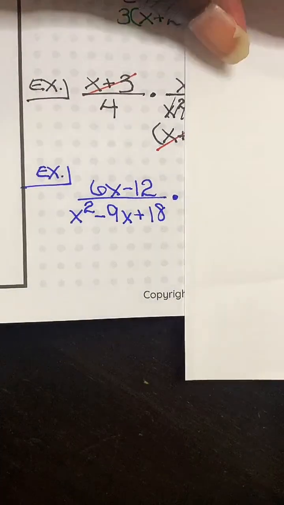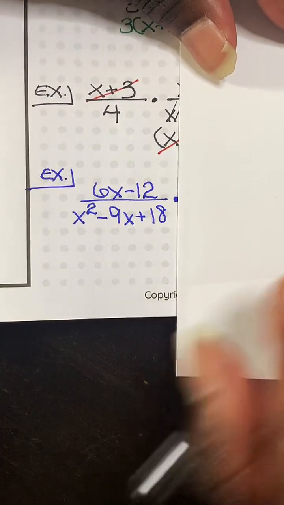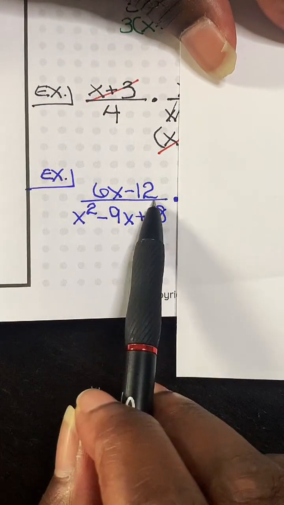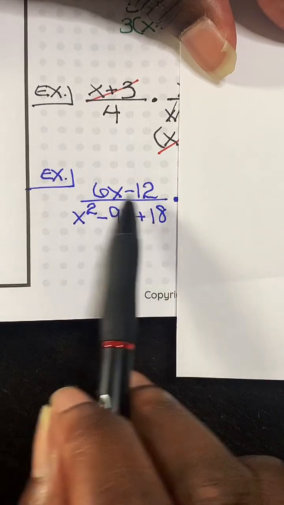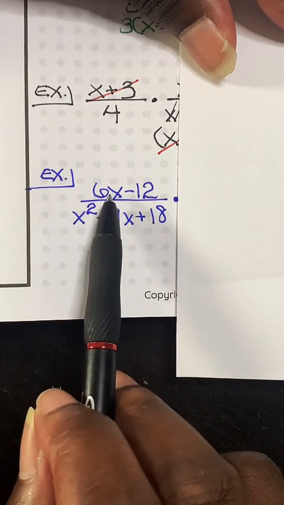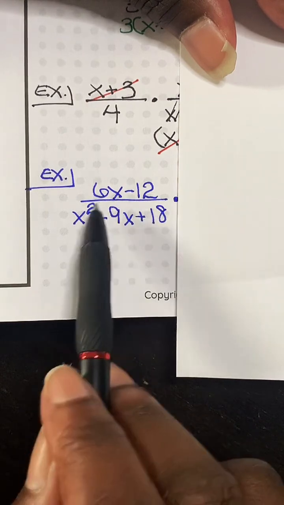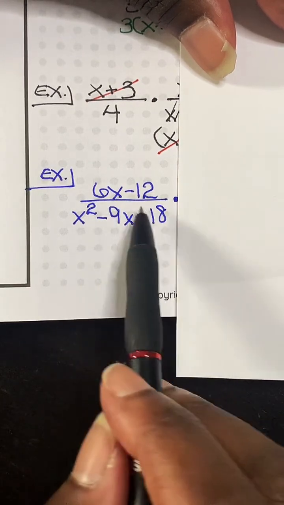All right, so if I come here, I'm just gonna cover up one side. So for my numerator, I have a binomial. So if I have a binomial, that means I should have a GCF. Okay, so if I don't, I just recopy it.